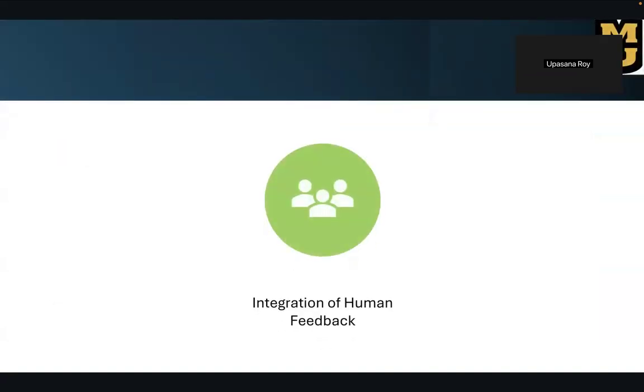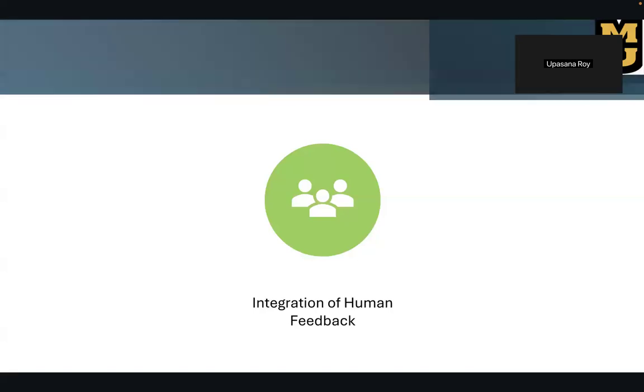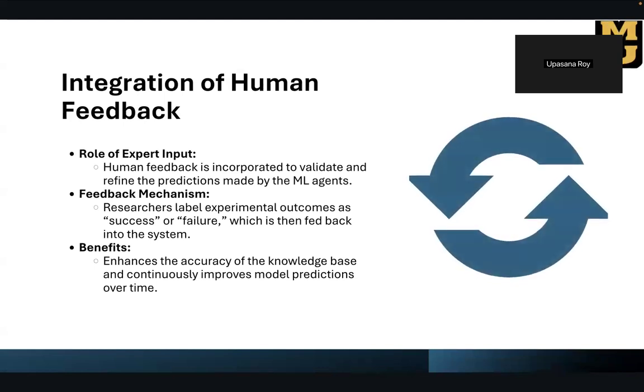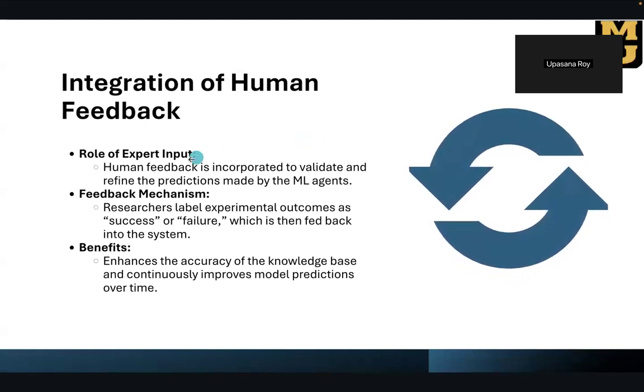So let's go with the integration of human feedback. Over here, let's go over a couple of points. What is the role of the expert input? Human feedback is incorporated to validate and refine the predictions made by the ML agents. This feedback mechanism enables researchers to label their experimental outcomes as success or failure, which is then fed back into the system.